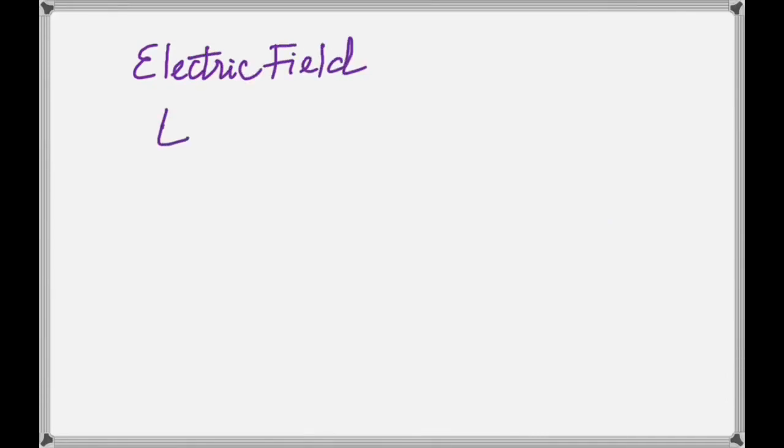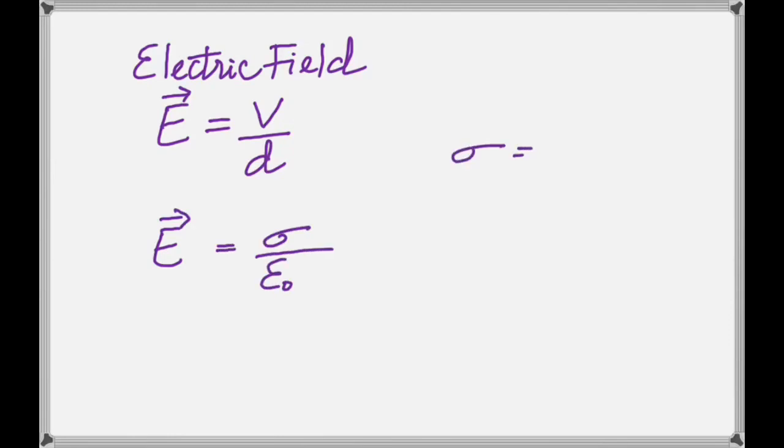Next up, electric field. Electric field is defined as voltage by the distance. That's when you have two parallel plates. That's how you have the electric field between the plates. And electric field can also be defined as sigma by epsilon naught, where sigma is the surface density of charge.